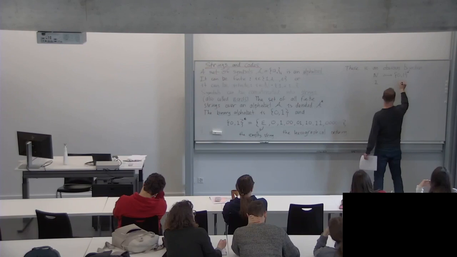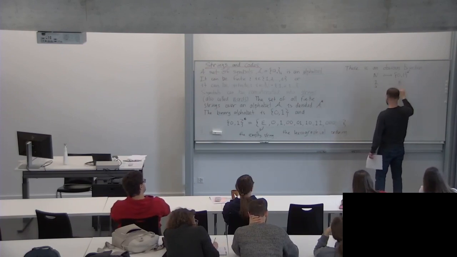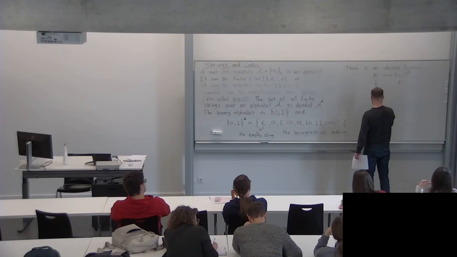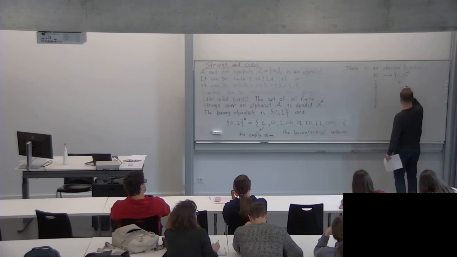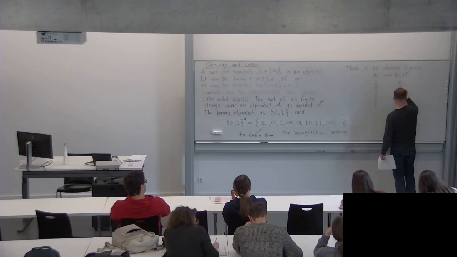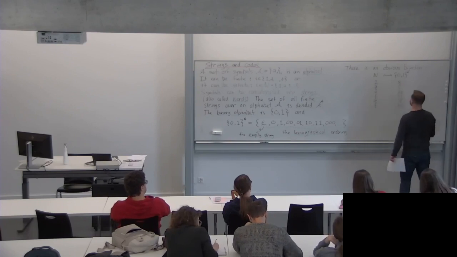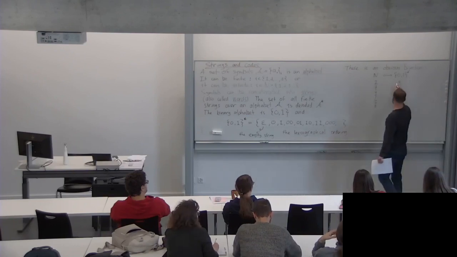So 1 will map to epsilon, 2 maps to... sorry, it's going to be easier if I go like this: 1, 2, 3, 4, 5, 6, 7, 8, and then the lexicographical ordering: 0, 1, 00, 01, 10, 11. Okay, so I can map them like this.